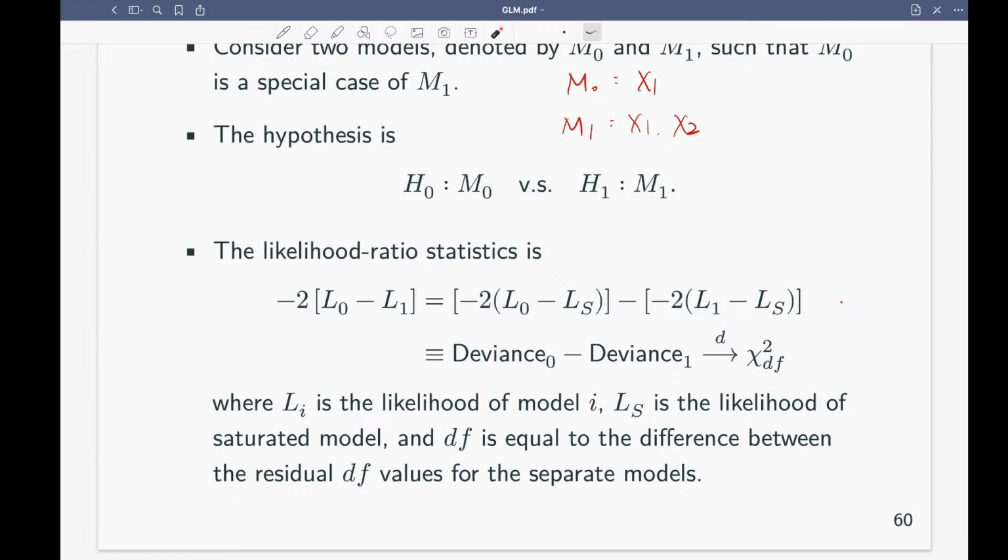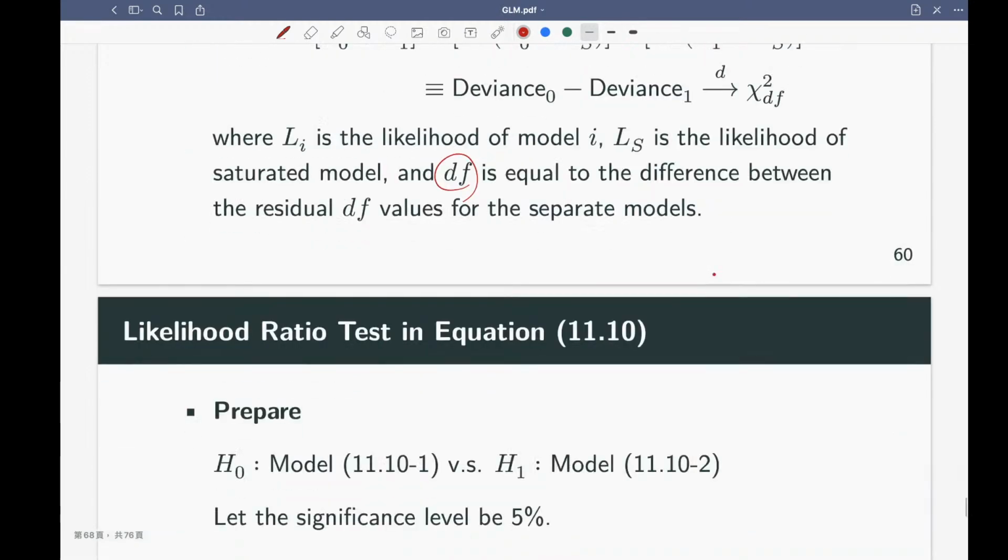And this result is asymptotically chi-square distributed, and the degrees of freedom is the difference between these two models. So you can calculate it by hand for the likelihood ratio, or you can use the command in R.